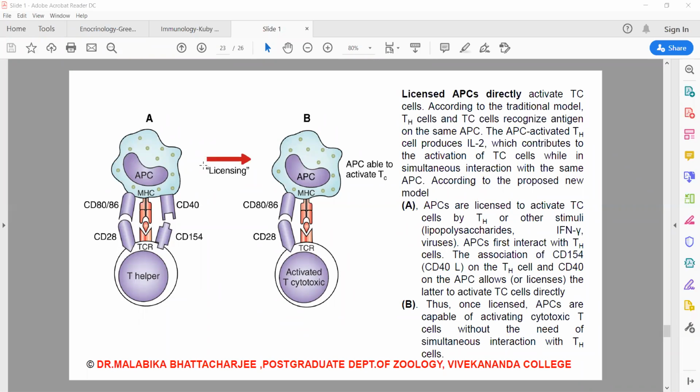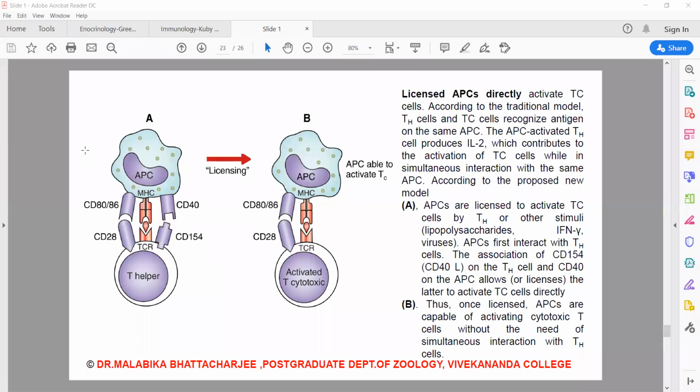So this model signifies that for an antigen presenting cell to present antigens to cytotoxic T lymphocytes, it needs to be primed by a CD4 positive T lymphocyte first. It needs to have an interaction with the CD4 positive T lymphocyte first to become activated.